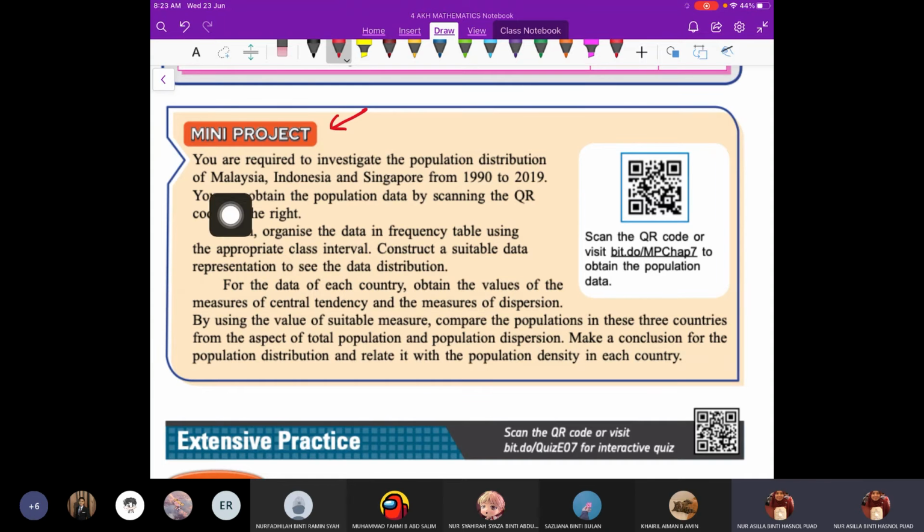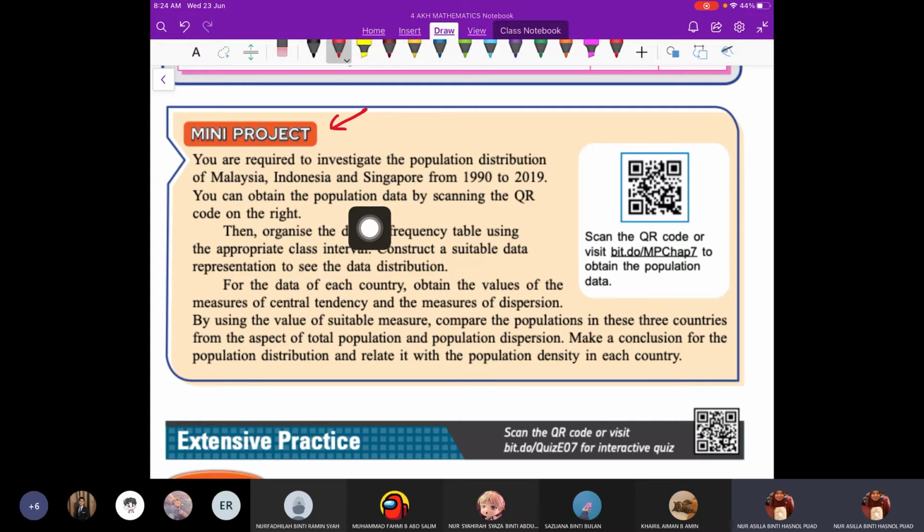So here, you are required to investigate the population distribution of 3 countries from 1990 to 2019. So kita nak tengok populasi dalam 3 negara daripada tahun 1990 hingga 2019.